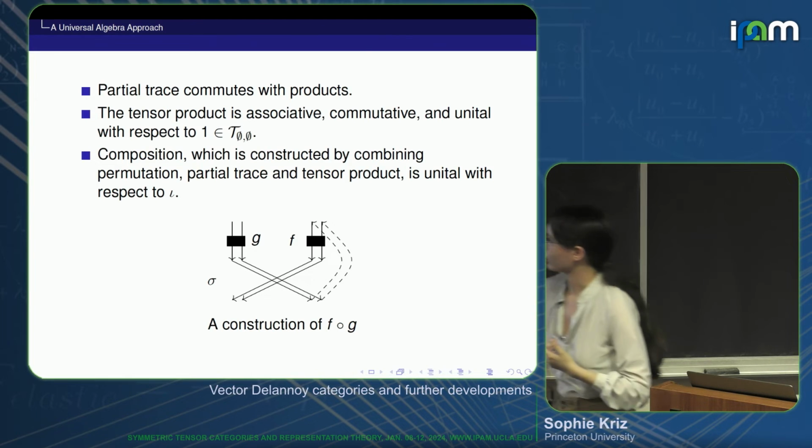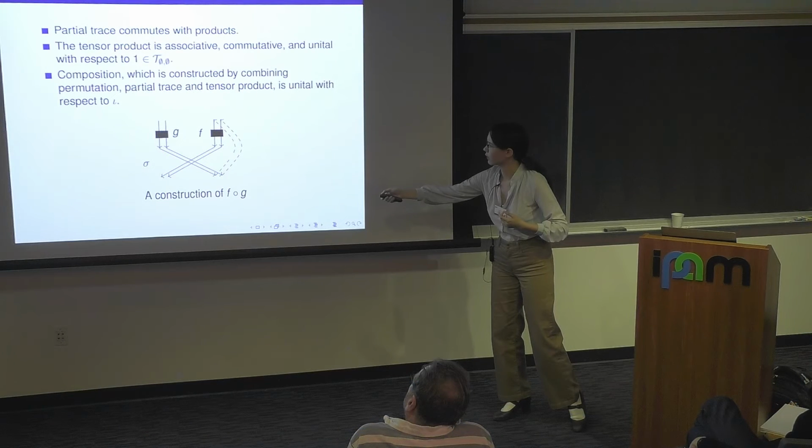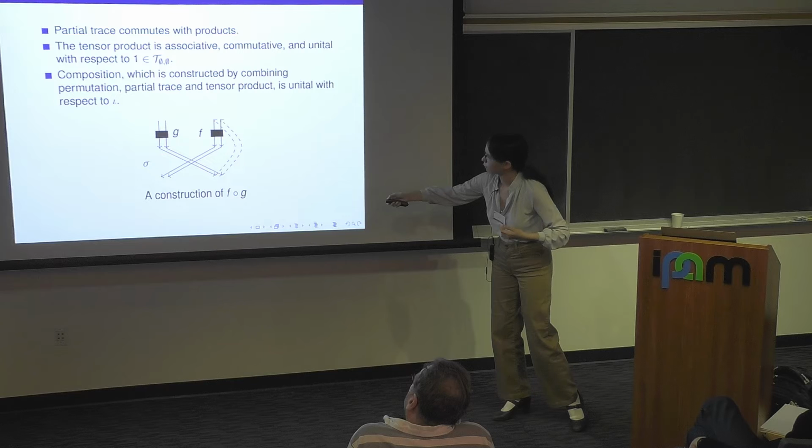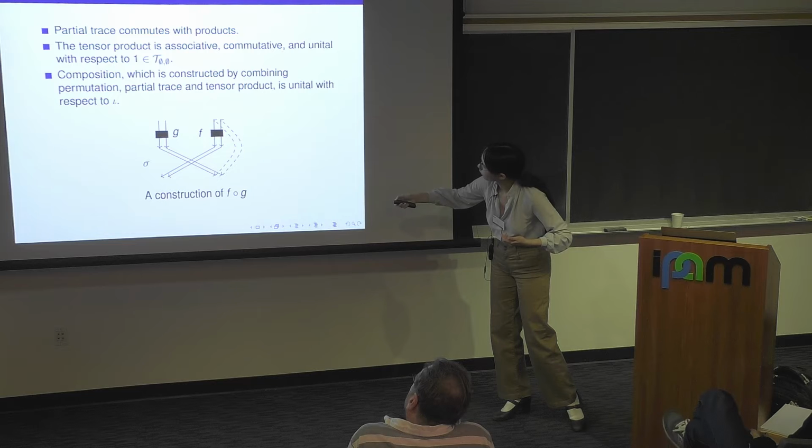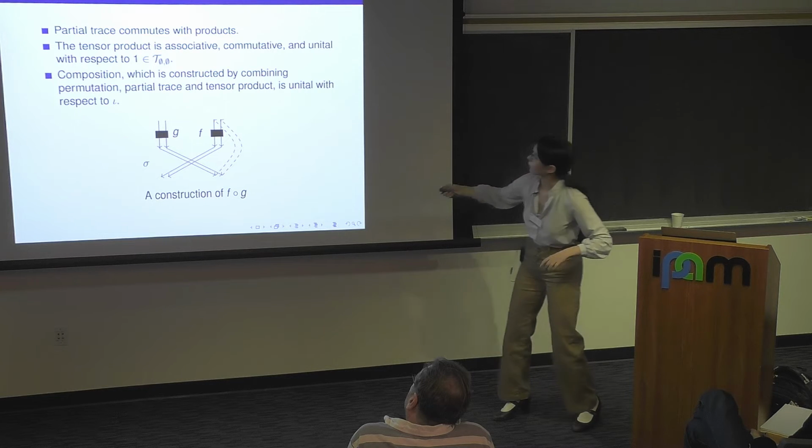And composition, which here we can see an example of how we construct it, so I guess this will be an example of G composed with F. Okay, I think this is the wrong way around. I think this is reversed, sorry about that.